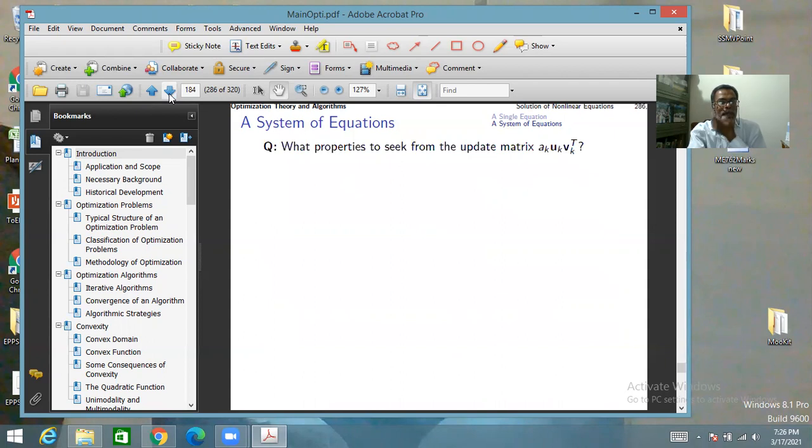So how to find this? Basically, to find this update, we need to impose some properties, and get corresponding equations from which this can be worked out. So what properties to demand?